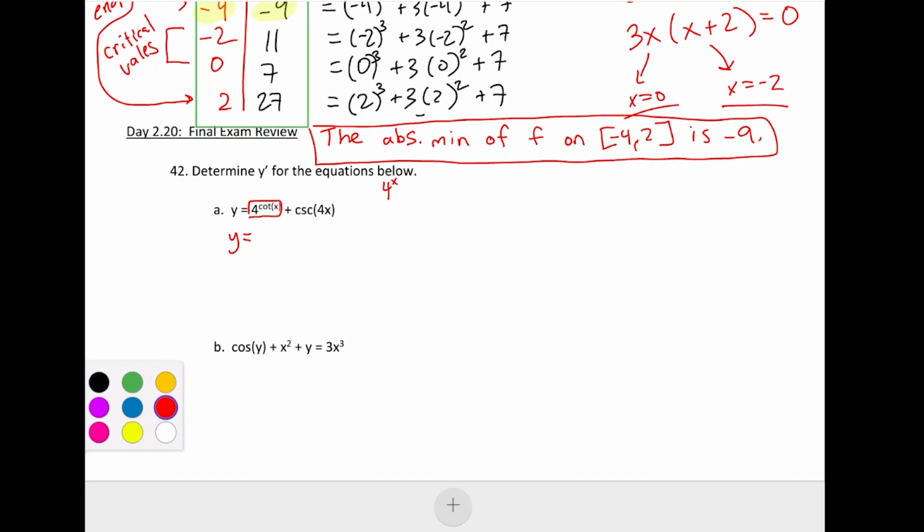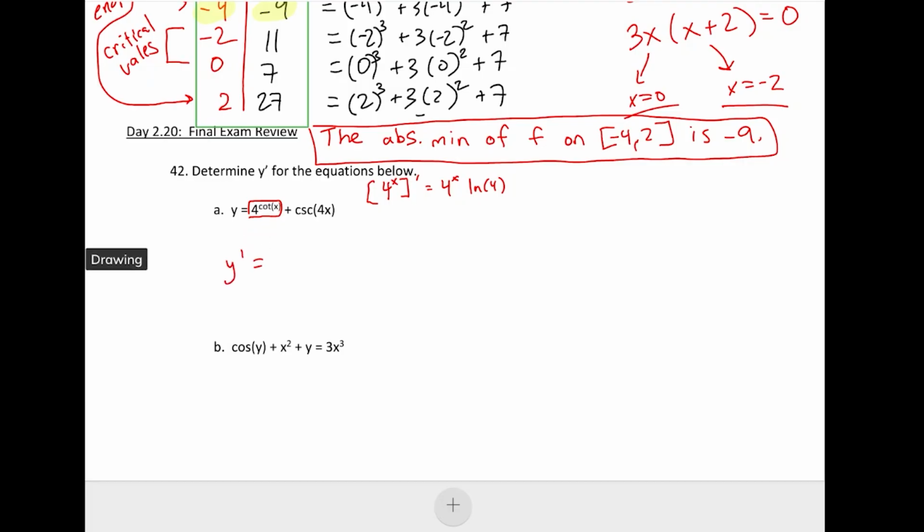Okay, if I just have 4 to the x, and I want to find the derivative of that, that would be 4 to the x times the natural log of 4. But I don't just have 4 to the x. I have 4 to the cotangent x, so I have to use chain rule. I'm going to need some more room here. I am going to have that 4 to the cotangent x times the natural log of 4, right?